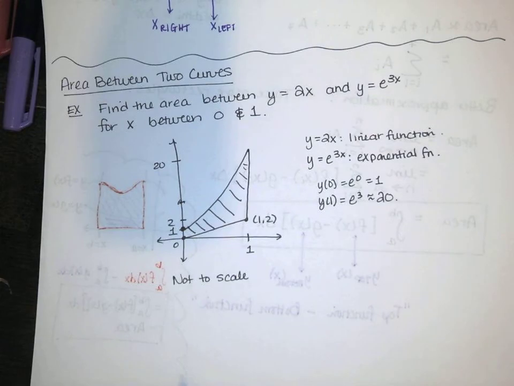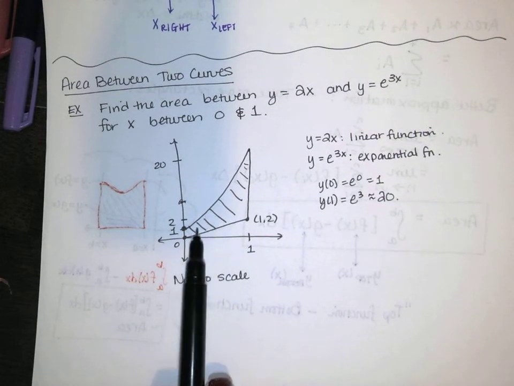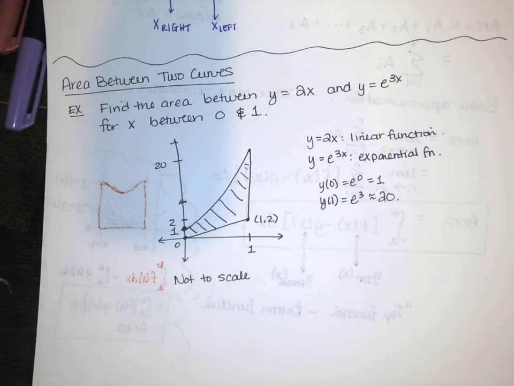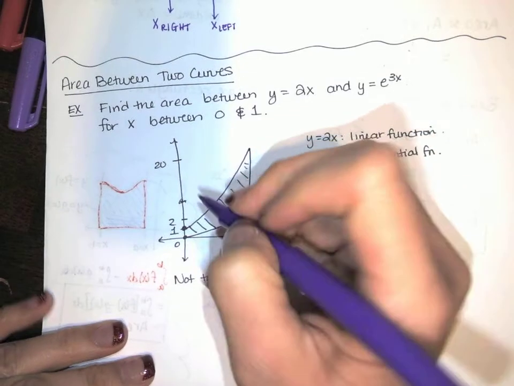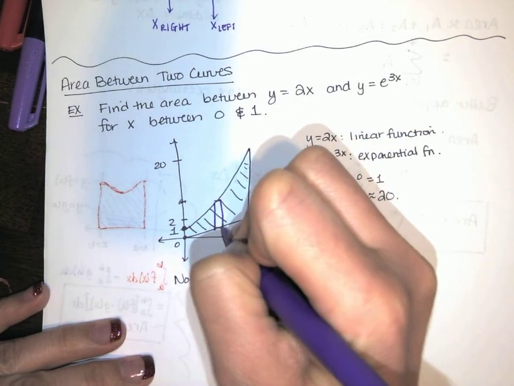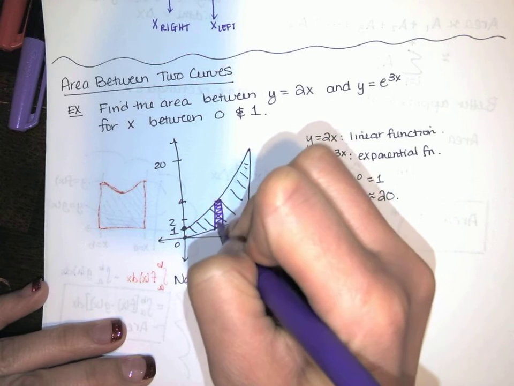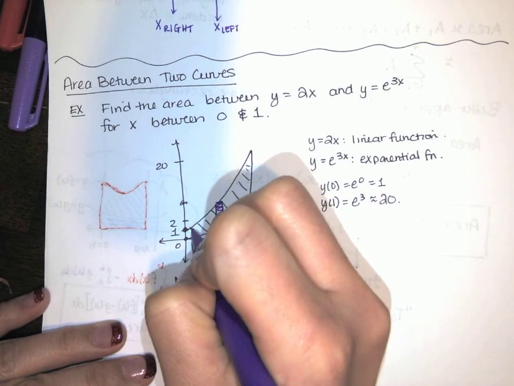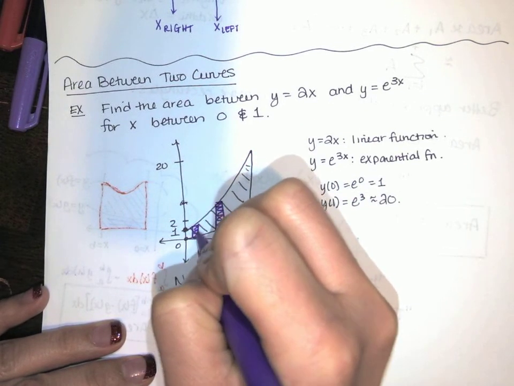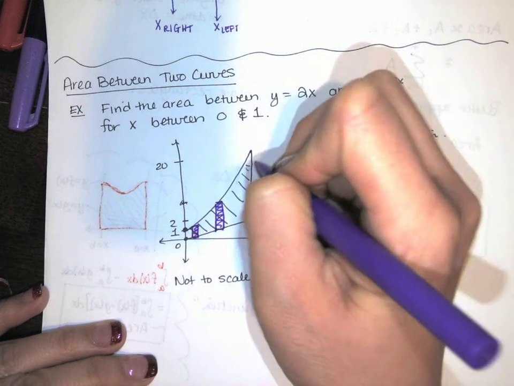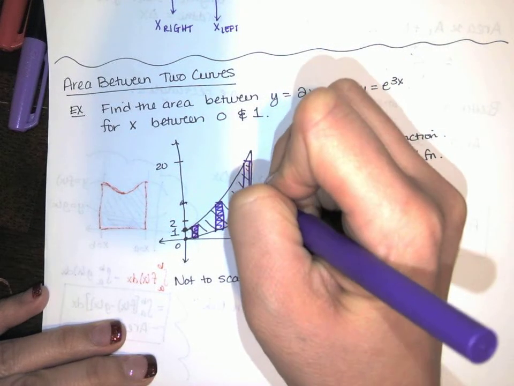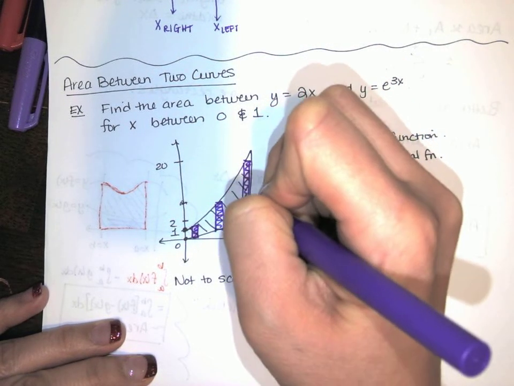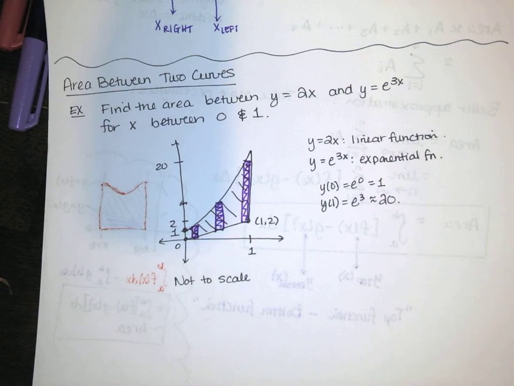Now notice, if I draw my rectangles vertically, the entire time for every rectangle that I draw, that exponential is going to be my top function. Even this rectangle down here, exponential is my top function, the linear function is my bottom function. The same would be true over here with this rectangle. The top is the exponential and the bottom is the linear function.